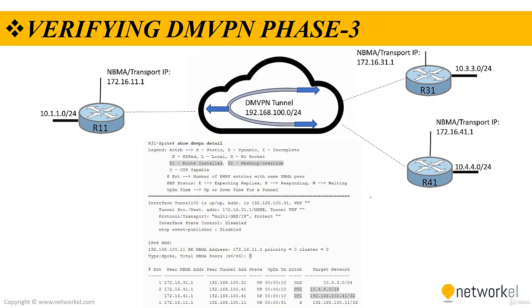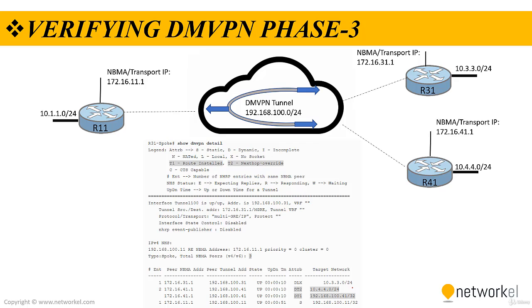After a spoke to spoke tunnel is established, we can verify DMVPN status again. So in this output, there are two new spoke to spoke tunnels, guys, and they are highlighted in here.